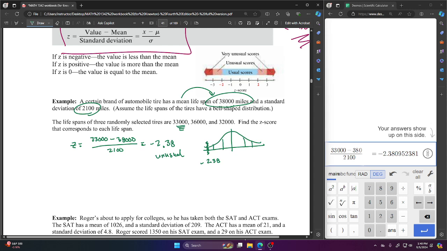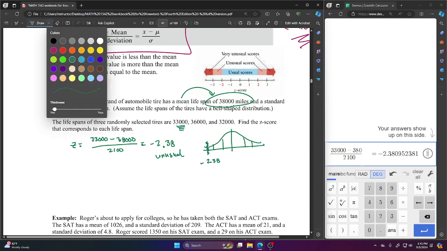And someone brings in a tire that only got this much before it blew out or something weird. That would be an unusual tire, right? So either it's the tire's fault or the driver's fault. It's somebody's fault, but unusually low. Make sense? But now you can tell. You could just look at it as a human and say, oh, 33 is less than 38, but by how much? Is that something weird or not weird? Does that make sense?